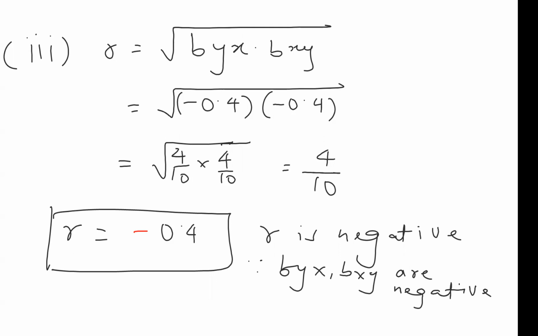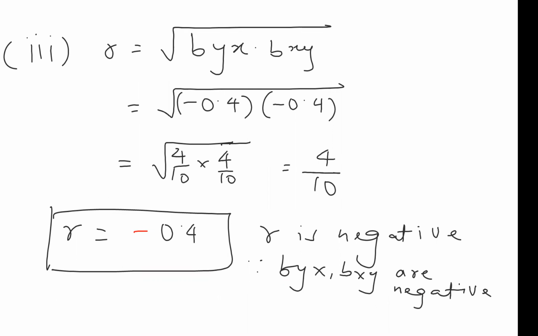Okay, exercise 3.1. This was from exercise 3.1, question number 3. Let us take some more examples, but then not from the same exercise. As I said, the order of the given problems is not very correct in the textbook. So we'll follow our own order, right?